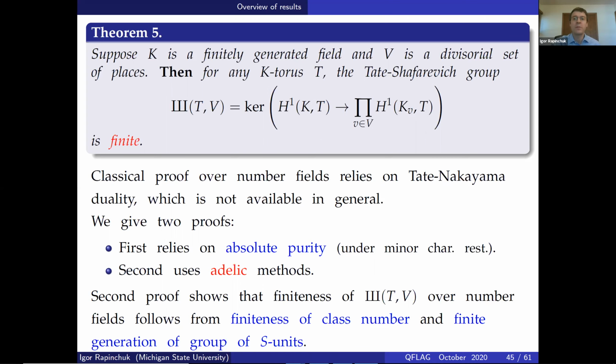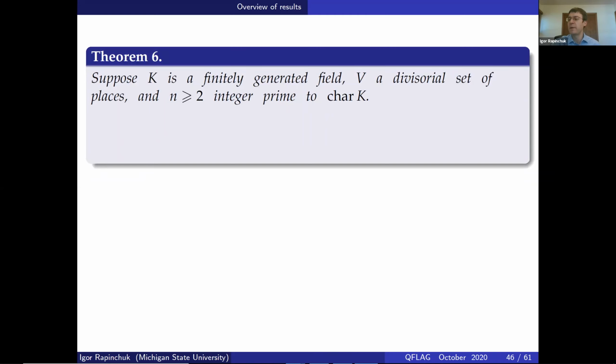What about absolutely almost simple groups? Well, since I'm pretty much out of time, let me just briefly mention a couple of things. So first, we've resolved the main conjecture for inner forms of type A_n over essentially arbitrary finitely generated fields.